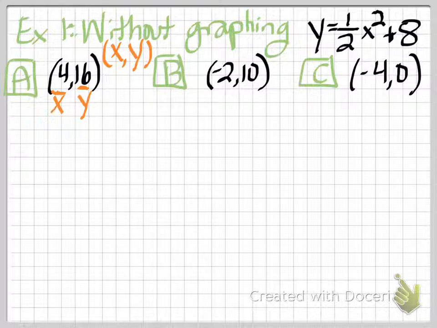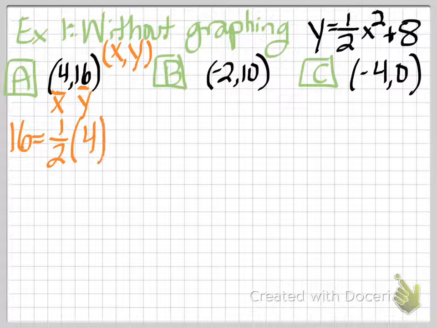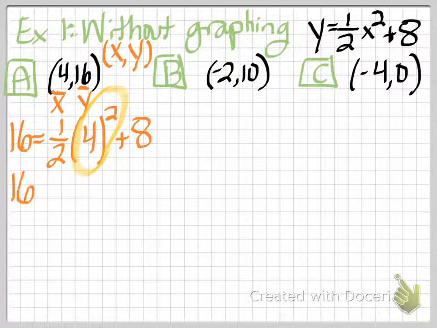So I'm going to plug it in. Y is 16 equals 1/2. Now I've got 4 squared. Our exponent rules, we've got to be careful with that now in quadratic equations. Order of operations means I have to do this part first. So I'm going to leave 16 as it is.